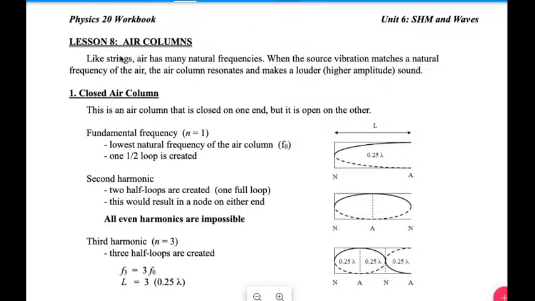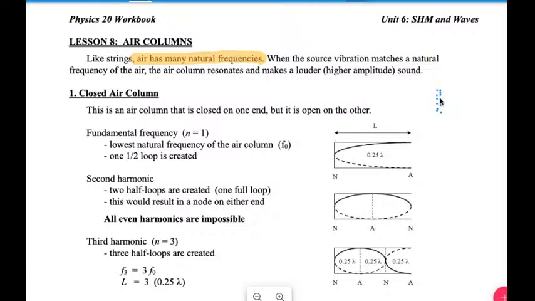So air, just like strings, has many natural frequencies. These are dependent on, again, the length of the pipe or the air column and other parts of the air. And while we're going through this, I'd like you to keep in mind that air is a longitudinal wave and we've got particles in the air.